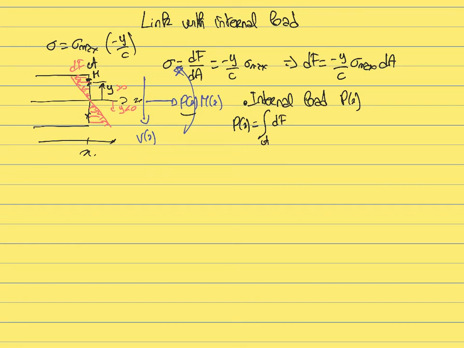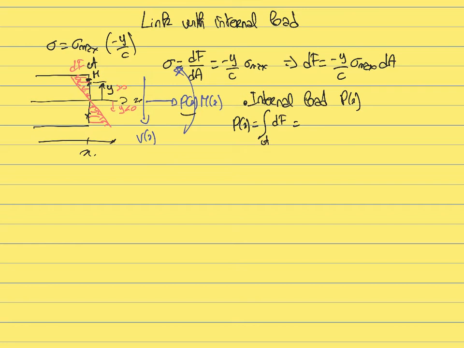So let's do that. I can replace dF by its expression. Now you will integrate dF. Some aspects of dF are constant and I can take them out of the integral, and some aspects of dF are not constant and depend on the position of the point M along the cross section. If you look at dF, you have minus y.